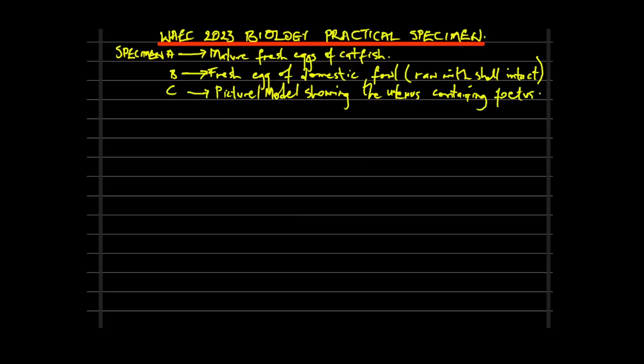That is our Specimen C. And our Specimen D is the longitudinal section of ovary of Pride of Barbados flower. That is our Specimen D.